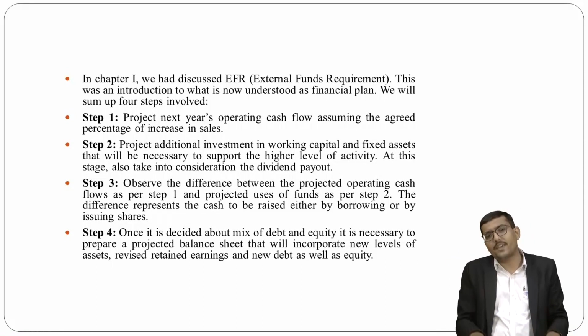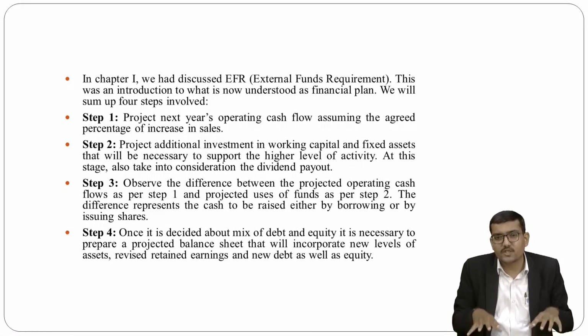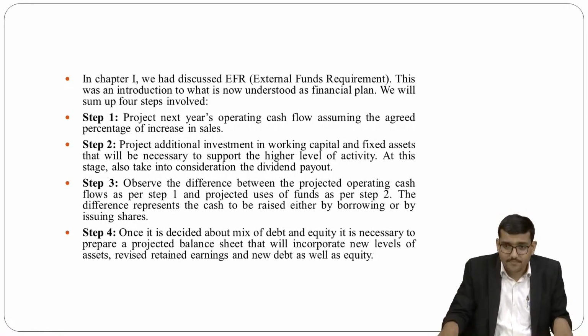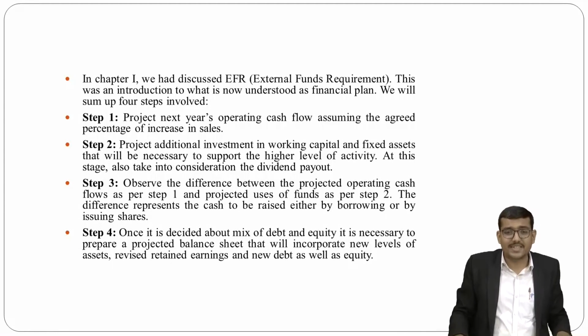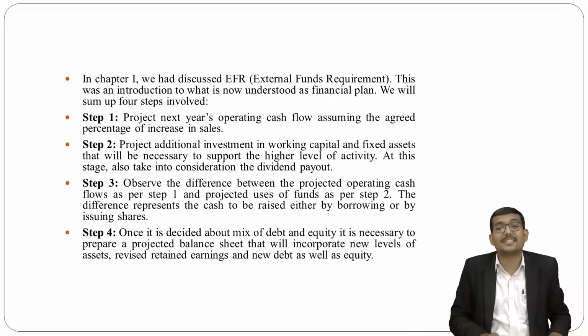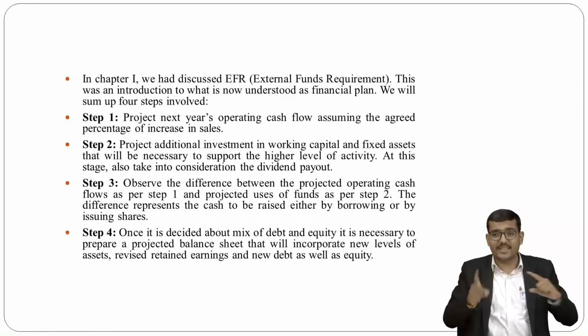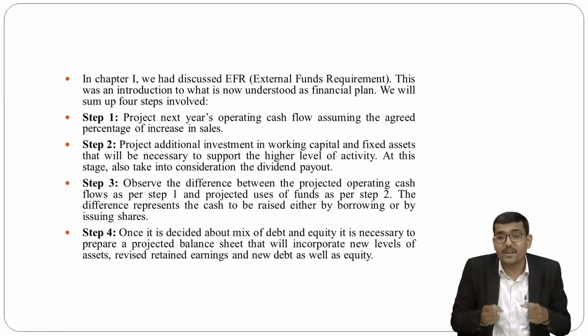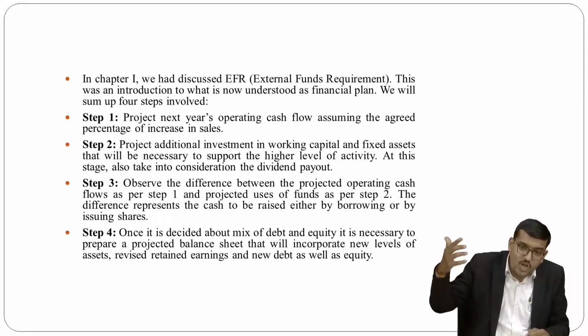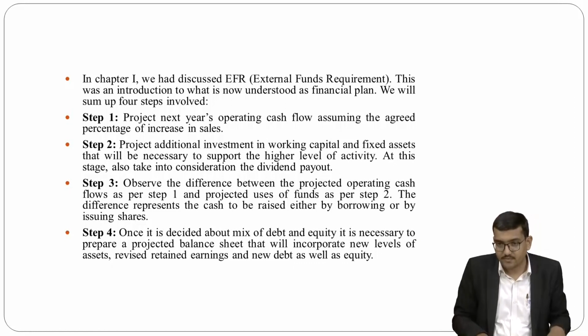The first step is just a projected operating cash flow with the percentage of sales. Step number 2 is the projected use of funds. And step number 3 is the difference between step number 1 and 2, which defines whether you raise that money by borrowings or by issuing new shares.